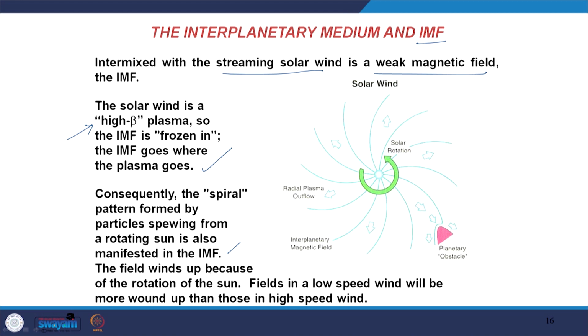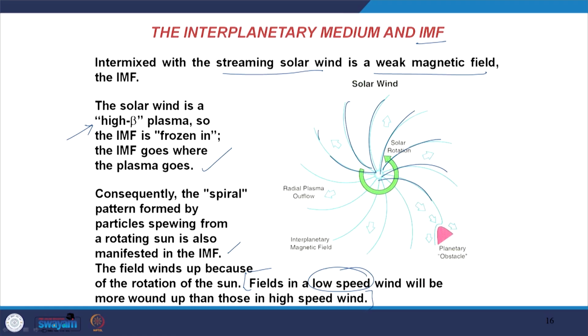The field winds up because of the rotation of the sun; this sprinkler-like motion is because of the rotation of the sun. Fields in low speed wind will be more wound up than fields in a high speed wind. This is a very important message that we should remember. The winding up of the fields around the sun is more for a low speed wind in comparison to the high speed wind.